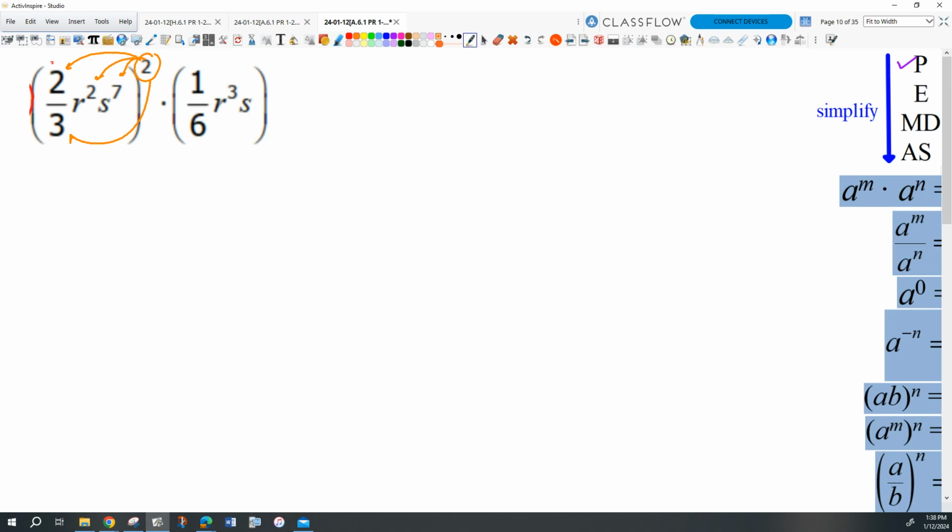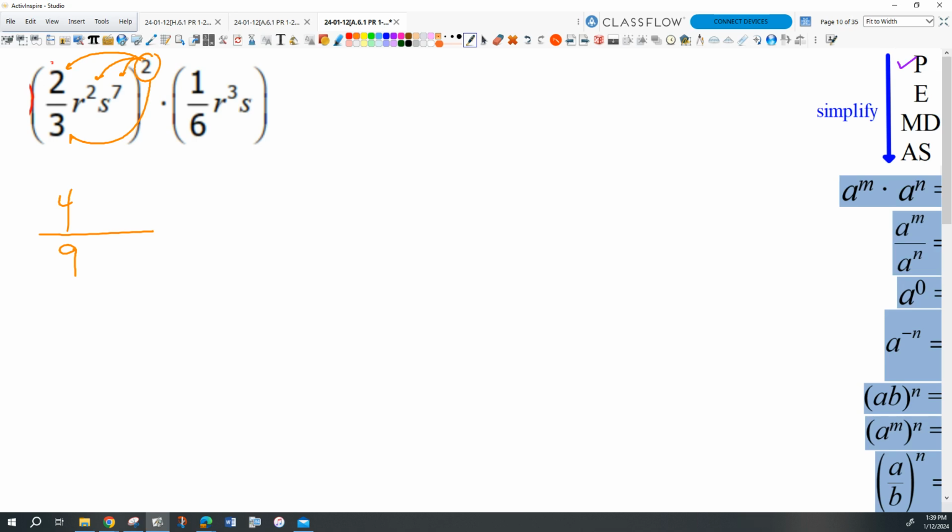So that's gonna give me, I wanna try to write this as one big fraction too. So, okay, 2 squared is gonna give me a 4 on the top. What about the 3? On the bottom, okay. What about when I distribute to the r squared, what am I gonna get? R to the 4th. On top or bottom? Top, right?